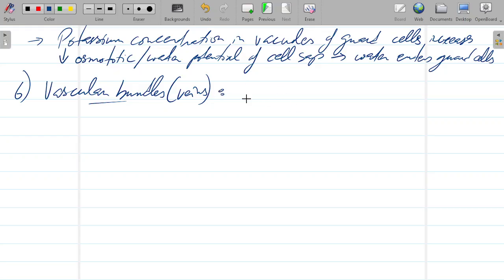And they contain the xylem vessels and phloem tubes, or phloem sieve tubes.